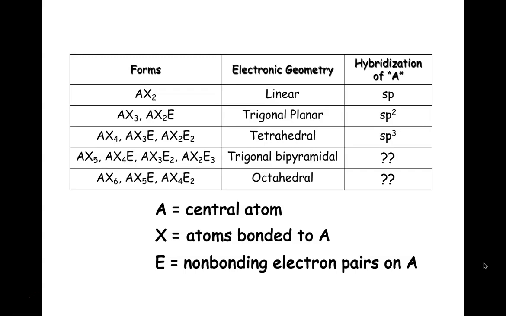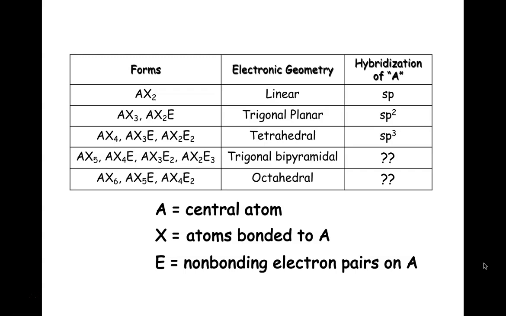Notice here in the middle column it says the electronic geometry, meaning if we were to just focus on the electrons around the central atom, not the bonded atoms, then these shapes would be produced based on the far left AXE formulas where there are no lone electrons: AX2, AX3, AX4, AX5, AX6. Those five shapes correspond to the electronic geometries listed here.